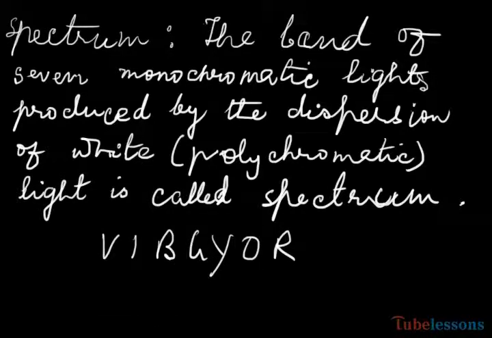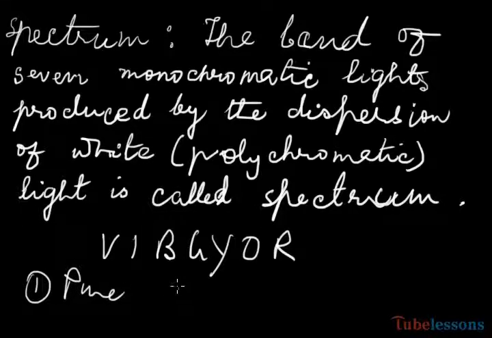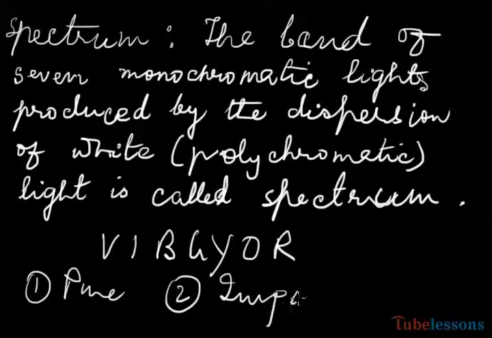There are 2 types of spectrum. One is pure spectrum, and another is impure spectrum. What is pure spectrum? The spectrum in which 7 colors or 7 monochromatic lights are arranged separately and distinctly according to refrangibility in their own position is called pure spectrum.